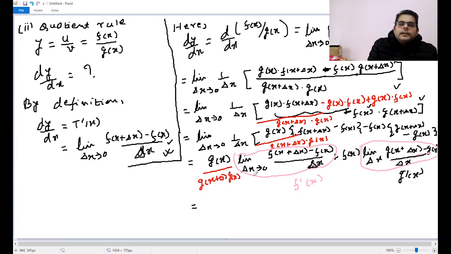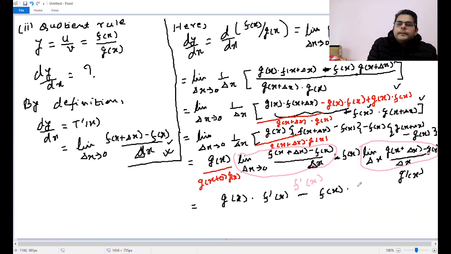And finally you can see what we have got. For gx there is nothing to do, but for this sort of term you can write f dash x, that means the derivative of the function fx, and there is the term minus fx here, and then this sort of term is in fact g dash x, that is the derivative of function gx.